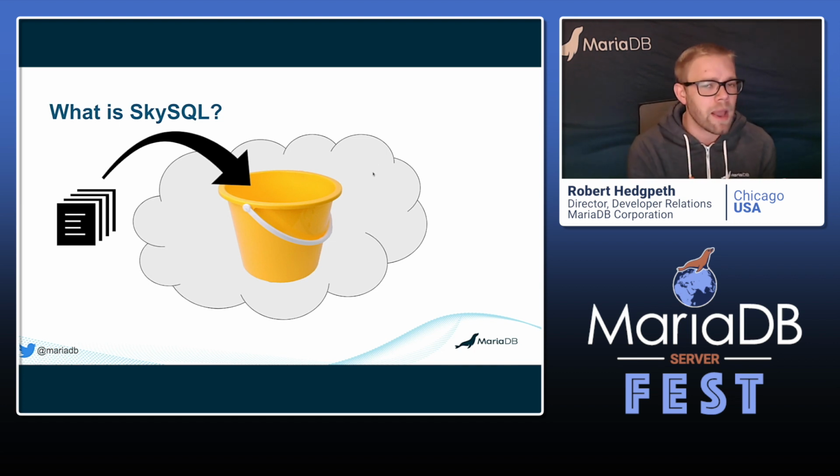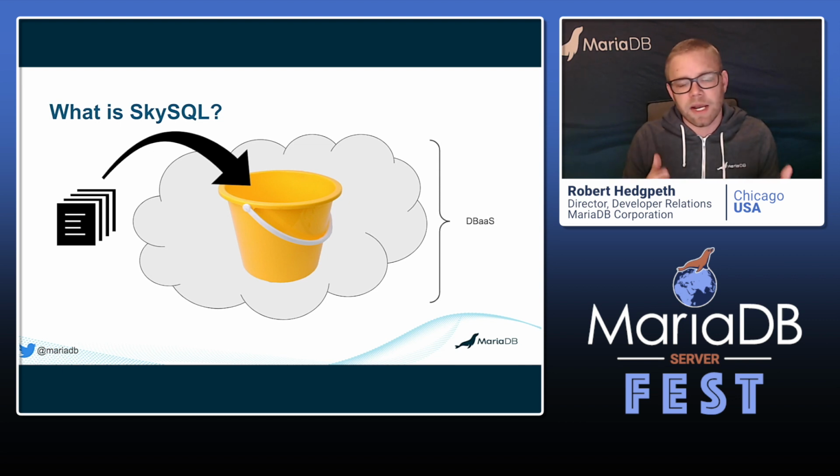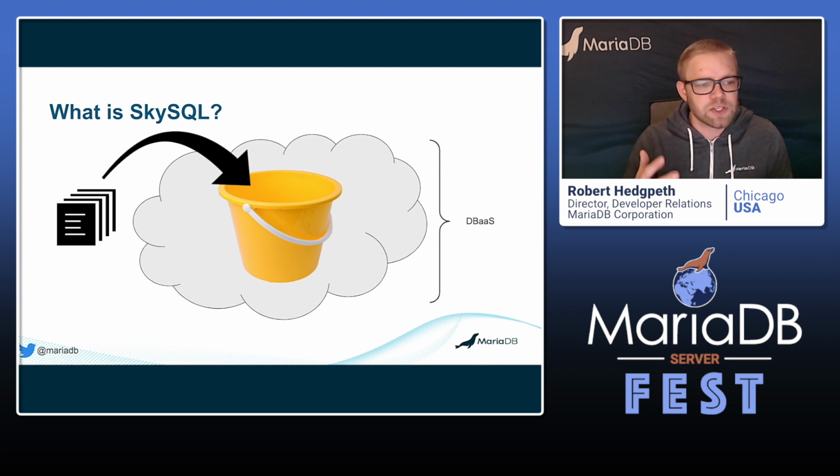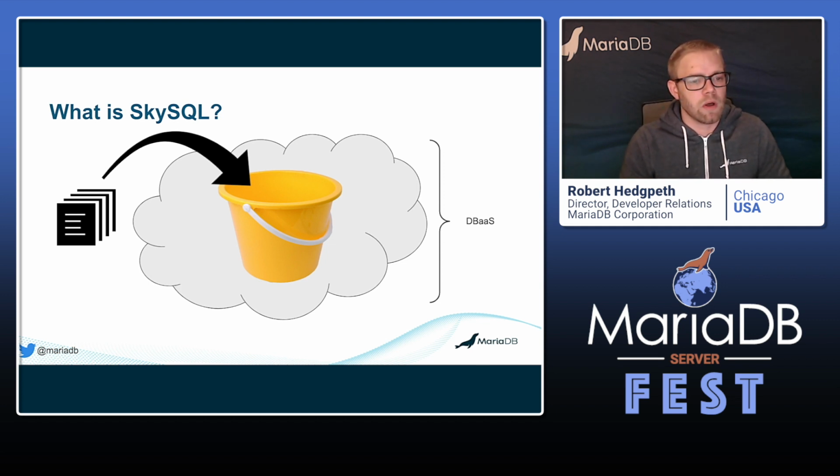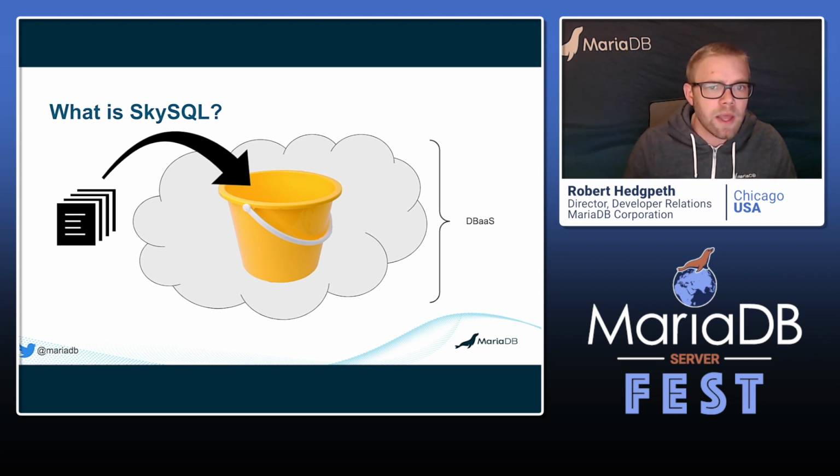Now, this cloud in the background represents a DBaaS, or a database as a service. Its job is to provide a layer of abstraction for the database itself, allowing users to use the database without having to worry about provisioning machines, installing, maintaining and updating the database, and a variety of other things that go along with installing and ultimately maintaining a database long term.